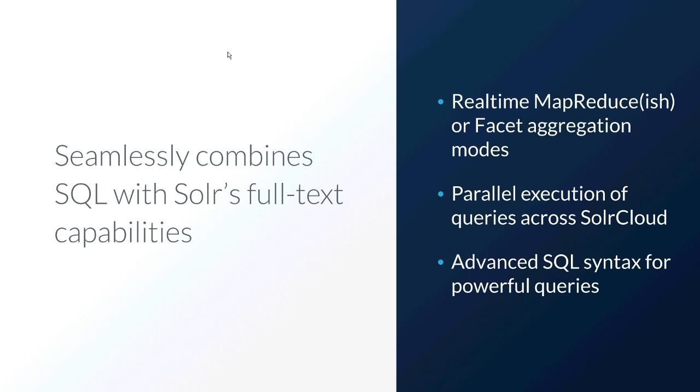The other mode is a facets mode, which pushes the aggregations to the search engine layer, and only the aggregates are sent across the network. If you have a lot of data but low to moderate cardinality, that's an option that's quite performant. We'll talk about both of those in a little more depth coming up.